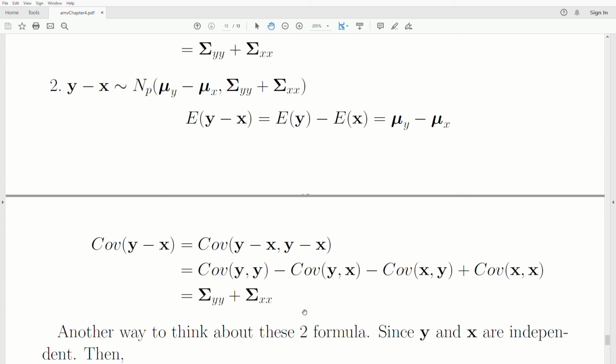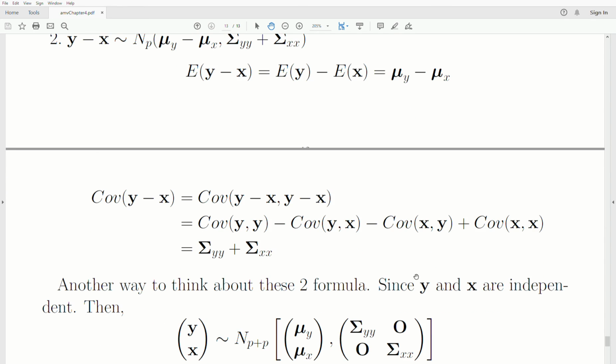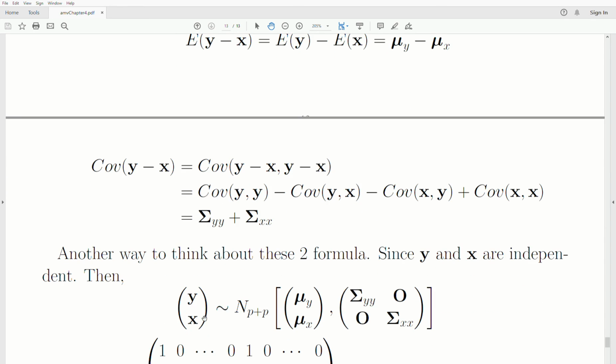Now, another way to think about these formulas, and they don't provide this in many books, but I think they should, is since y and x are independent, then they're jointly multivariate normal. So you can create a random vector with partitioned y and x. And then it's multivariate normal with dimension 2p, or p plus p.